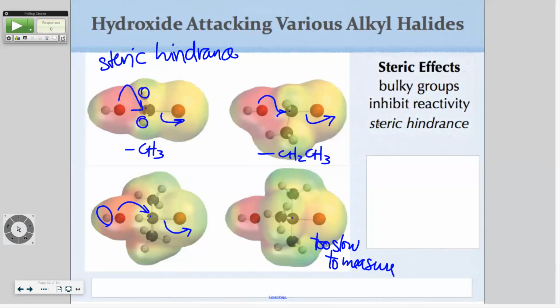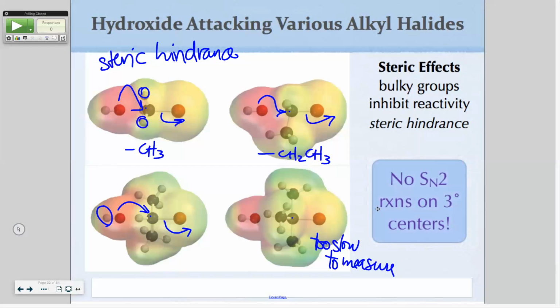Oh, looky there. Bulky groups inhibit reactivity. It's called steric hindrance. No SN2 reactions on tertiary centers. Did you notice I didn't draw the little arrows on this one like I did on the other 3? I did that on purpose, because there's no SN2 on tertiary centers.